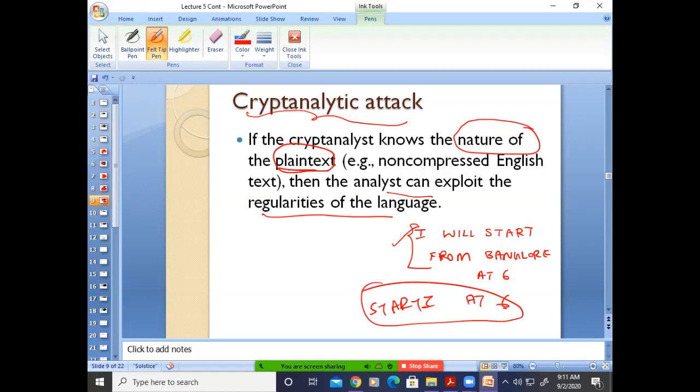If I know the nature of the plain text, the cracker will exploit the regularities of the language. You will see what the regularities of the language are. Even though this monoalphabetic cipher has so many keys available, the ciphertext can also be decoded. Is this clear? This is the cryptanalytic attack: if I know the nature of the plain text, and the sentence is not compressed English text, the attacker can exploit the regularities of the language.